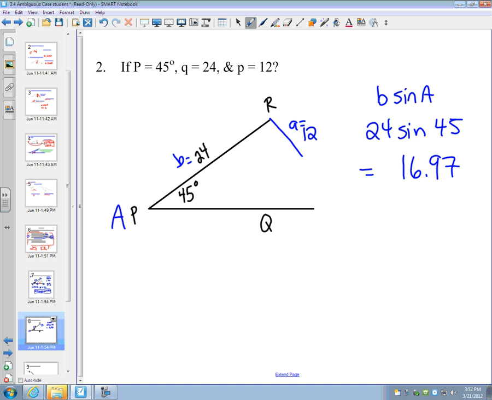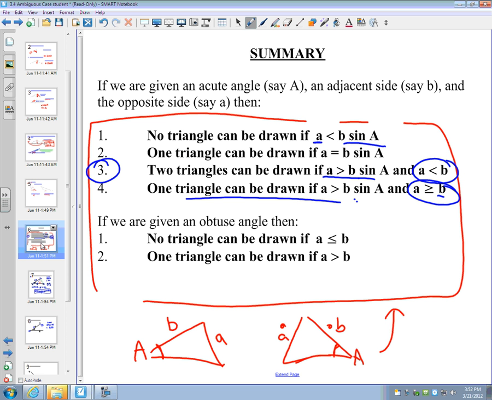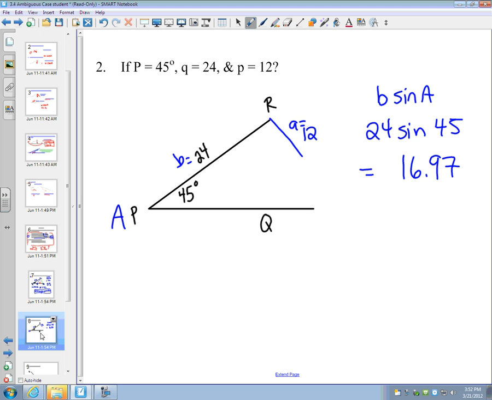We're always comparing B sine A to A. So we want to see what relationship. If A is less than B sine A, there's no triangles. If it's equal to or greater than, then we have some other cases. We said A was 12. So how does 12 compare to 16.97? Well, that's less than.